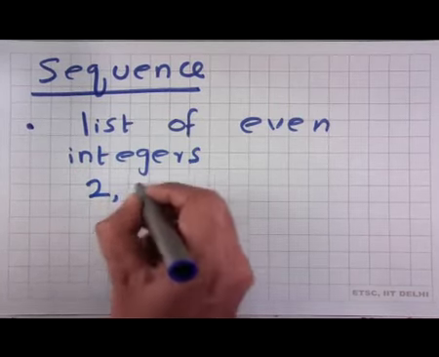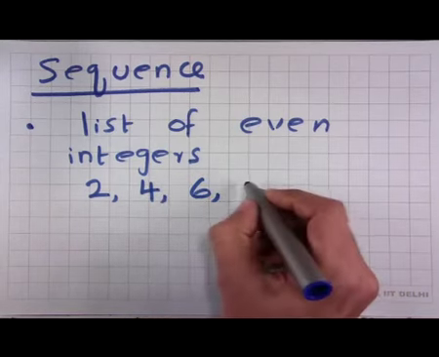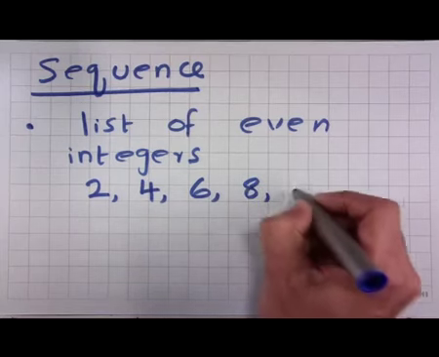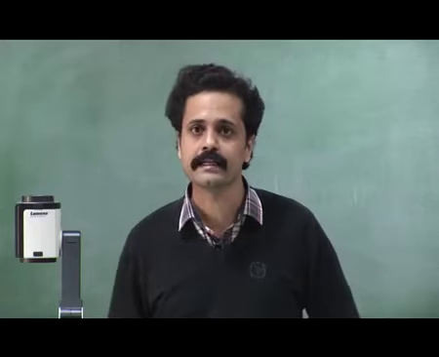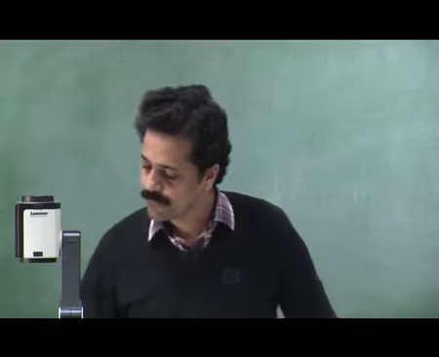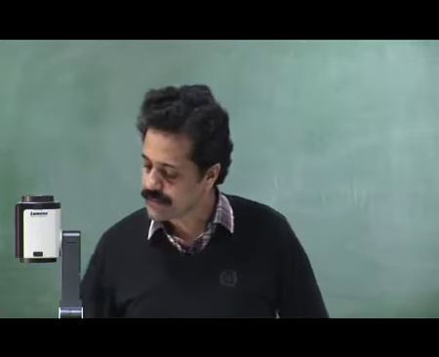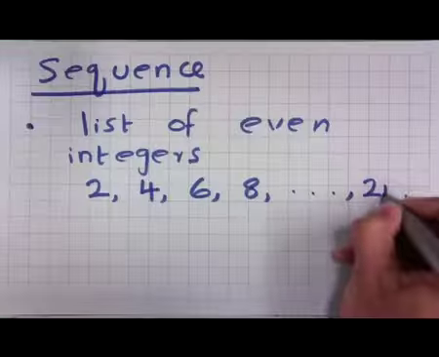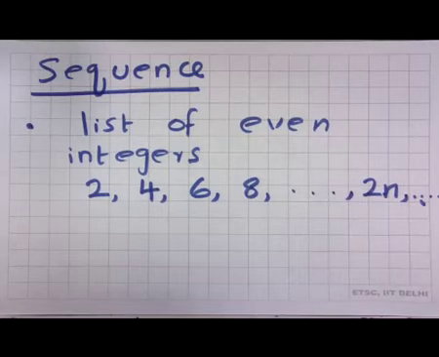As you all know, even positive integers can be listed as 2, 4, 6, 8, and so on. The nth even integer will be 2n, so on and so forth.